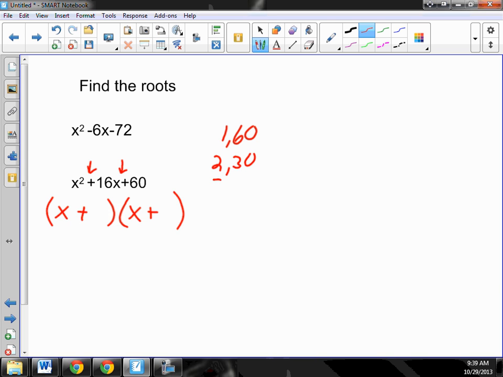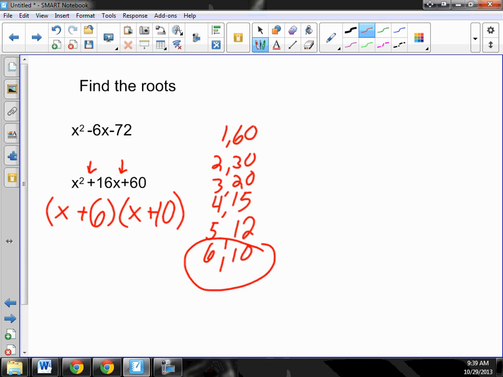No. 3 and 20? No. 4 and 15? No. 5 and 12? No. 6 and 10? Yes. So it's 6 and 10. Now I need to turn these into roots. X equals negative 6 and negative 10.